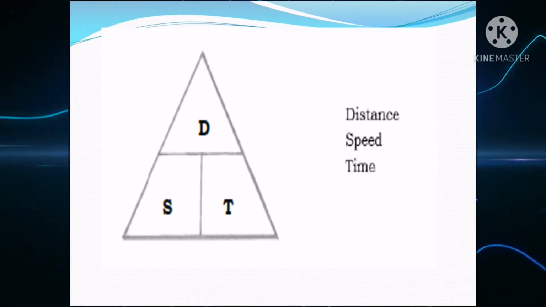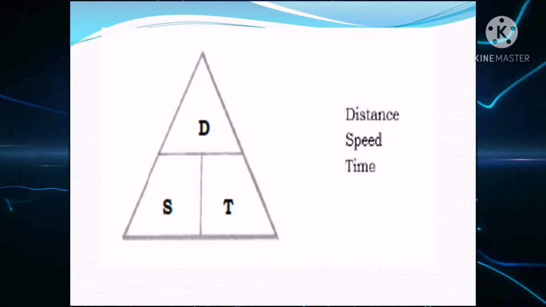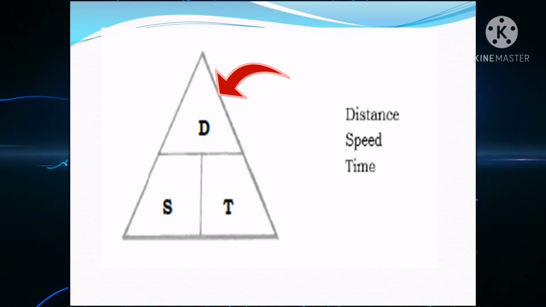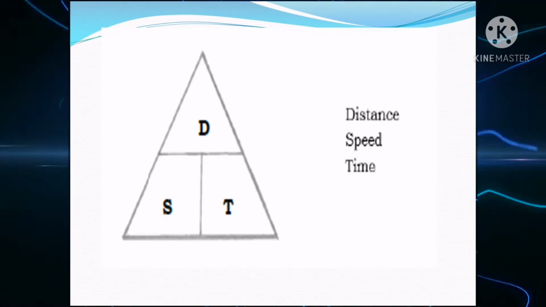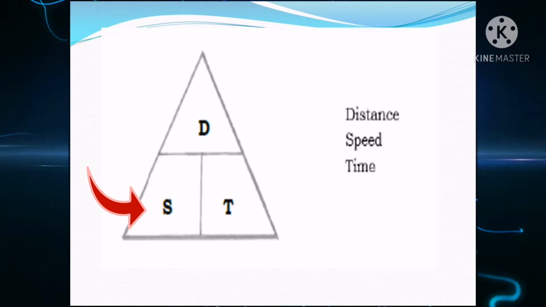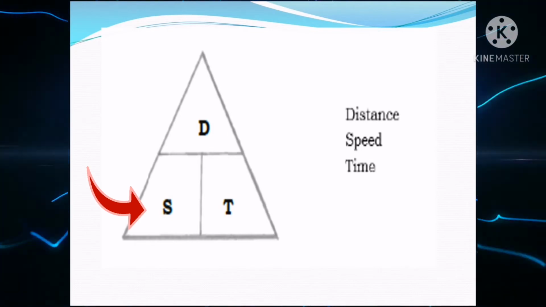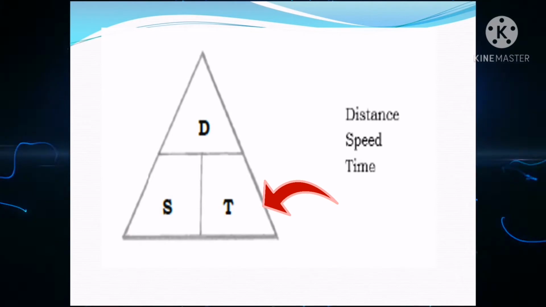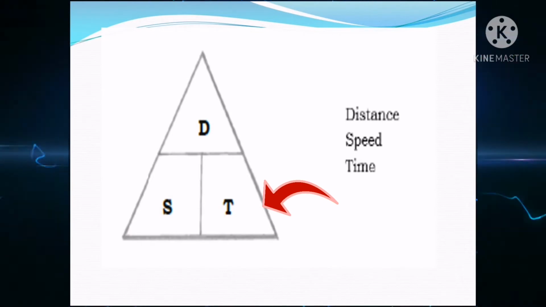However, there is an easy way to solve for the value of distance, speed, and time, and that is by using this magic triangle, where d, or distance, is on the top of the triangle, s, or speed, is on the bottom left of the triangle, and t is on the bottom right of the triangle.